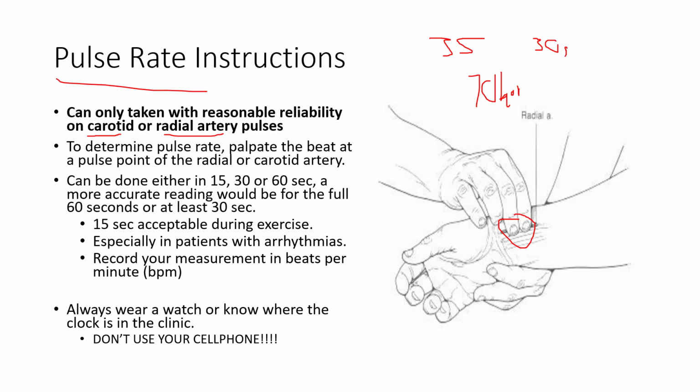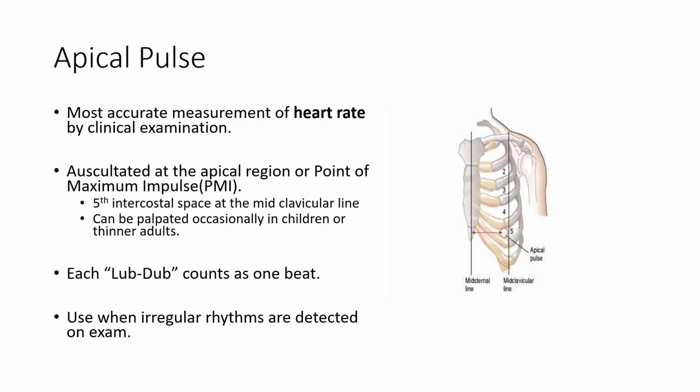Now, say you did notice some funky beats going on at these peripheral pulses, or you really wanted to get a direct measurement of heart rate. You can assess the apical pulse, which is auscultating at the 4th or 5th intercostal space, at the midclavicular line.